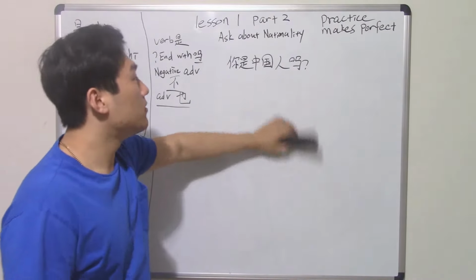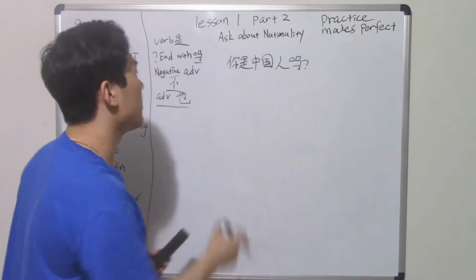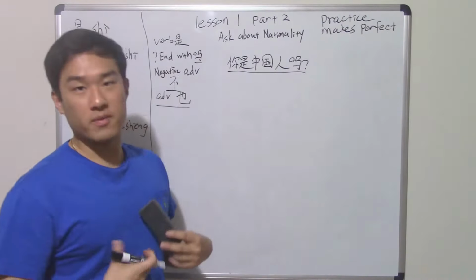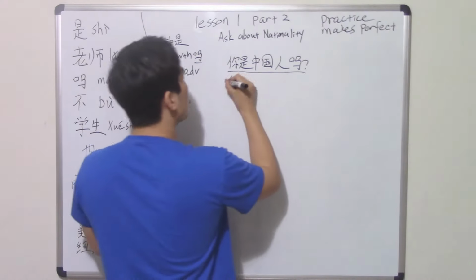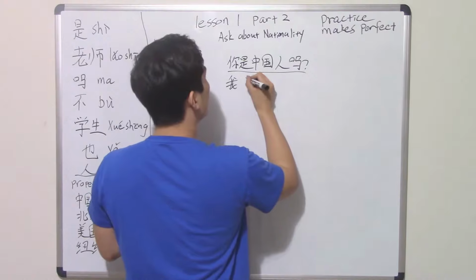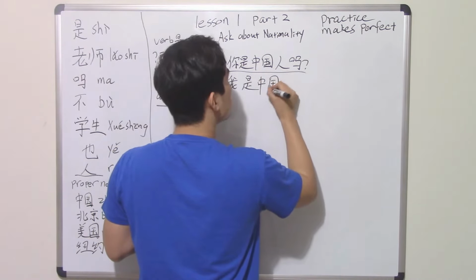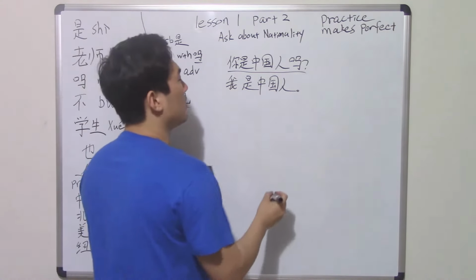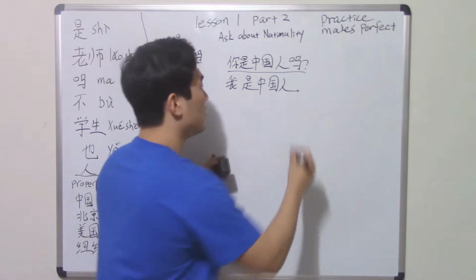If you simply put ma afterwards, then you make it a question again. So 你是中国人吗? Are you Chinese? And for me, I'll say 我是中国人.